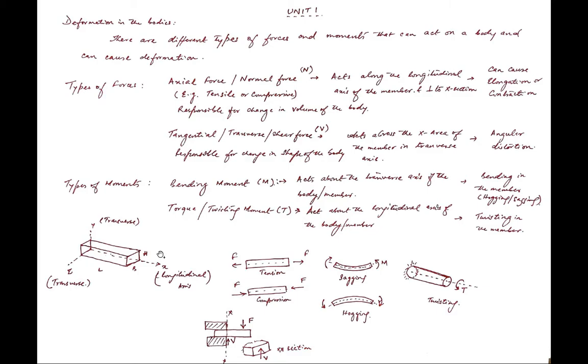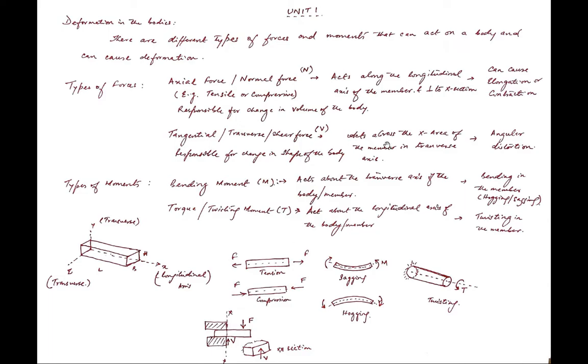It can create elongation or contraction in a body. If your force is acting like a pull on a body, it will create tension in the body, and if a force is acting inwards, then it will create compression in a body. Tension will lead to elongation and compression will lead to contraction of the body.